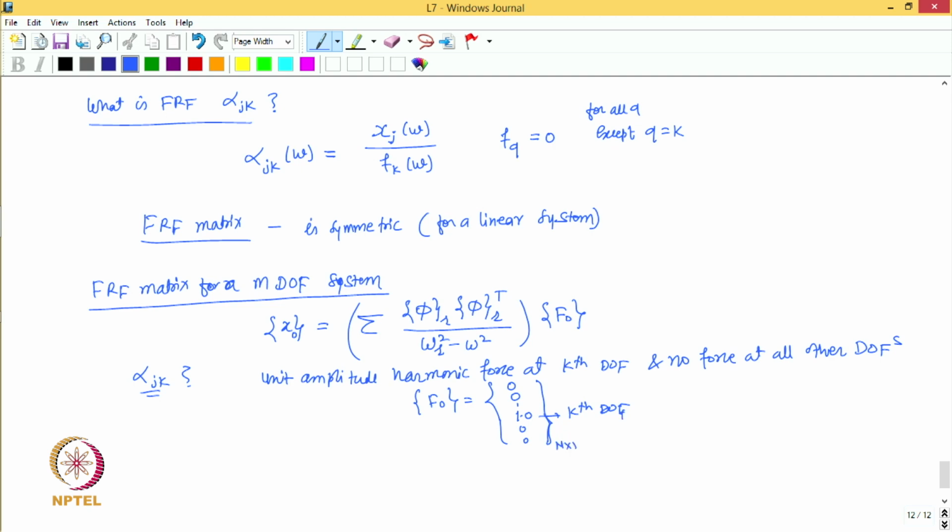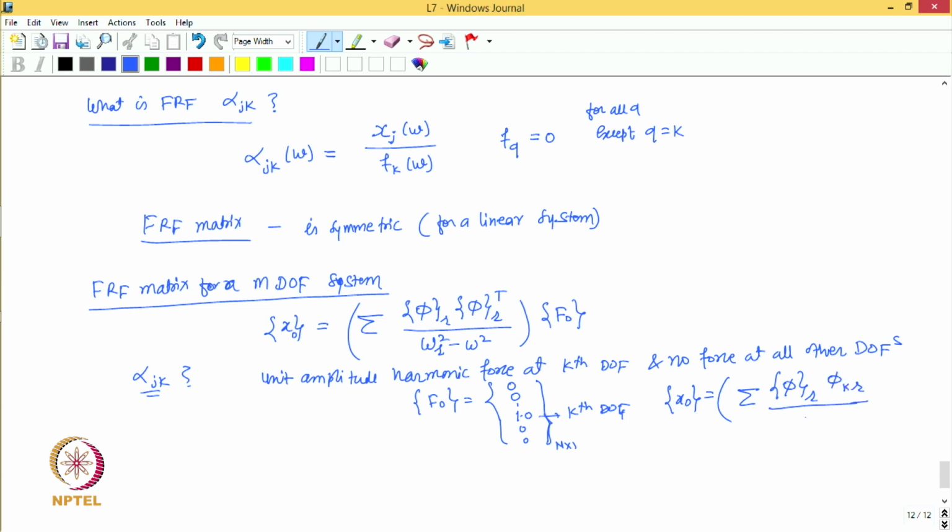So when we substitute this in this equation, what is going to be the result? Let us write this here: x naught is equal to summation phi r. So now phi r transpose vector f naught would basically lead to only the kth term of the rth mode here, right.